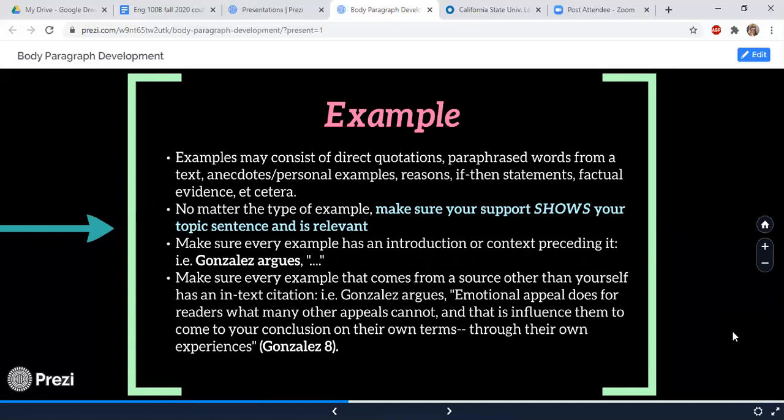You could paraphrase Adichie, Anzaldúa, or Brown, and to paraphrase means to take a direct quotation from somebody and to put it into your own words. So you might take a quotation from Adichie, interpret it, put it in your own words, and then you'll still cite it. Now, if you do paraphrase, do make sure that you are maintaining the idea from the author accurately.